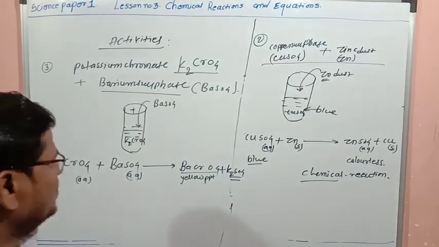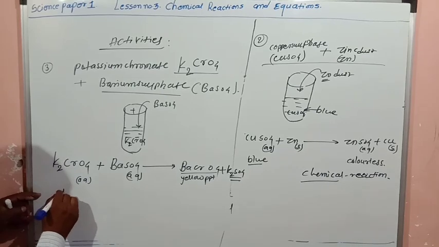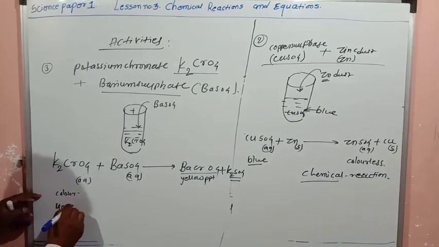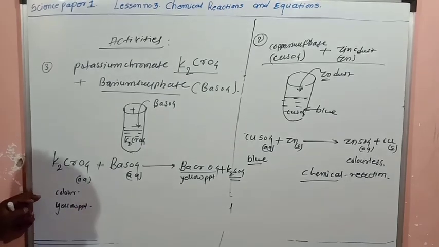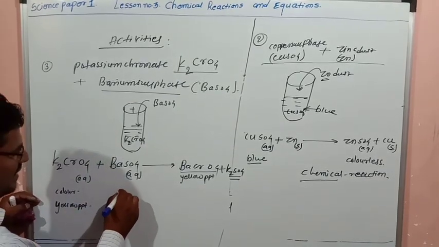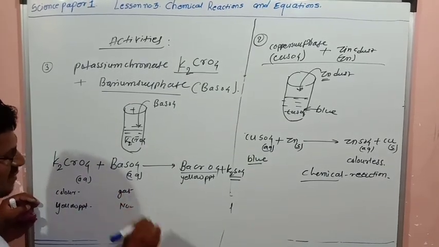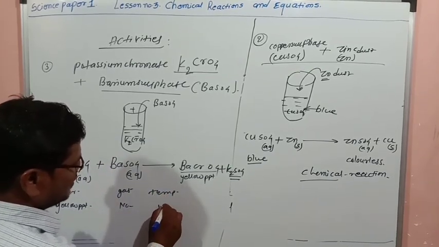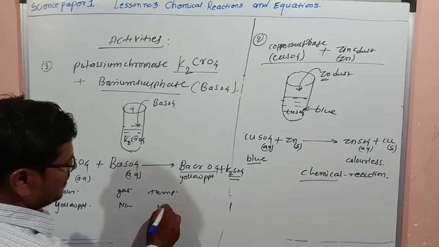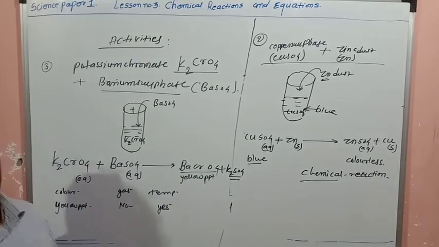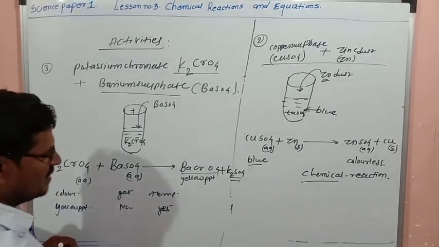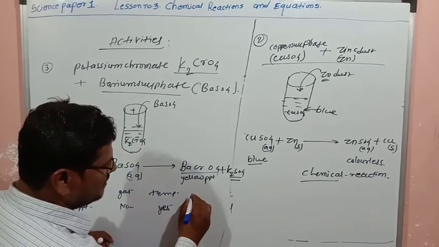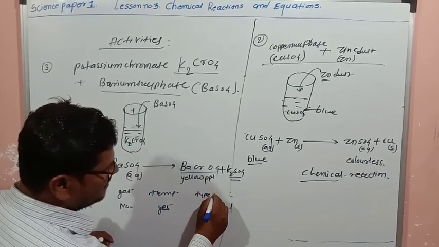So the first thing is the color change. In that a yellow PPT is formed. The second thing is gas evolution, no gas evolves. Temperature change, yes. Temperature of the assembly increases. Next, what type of change is this one?